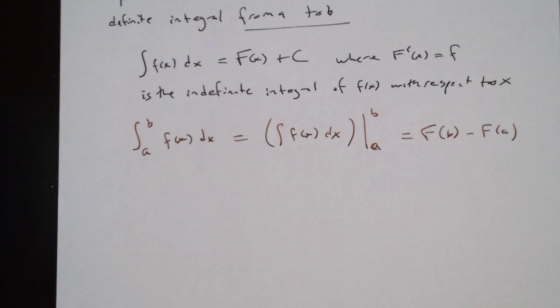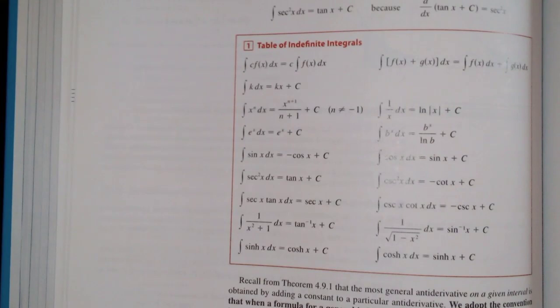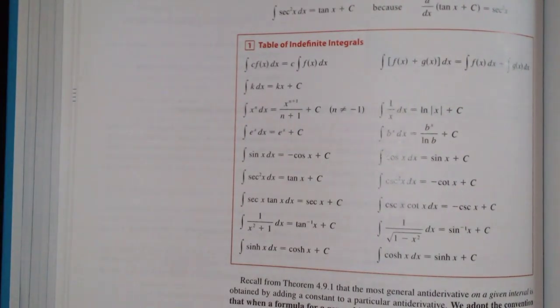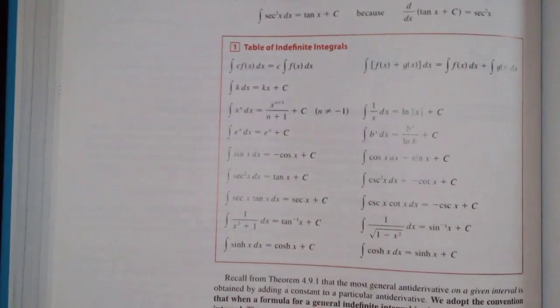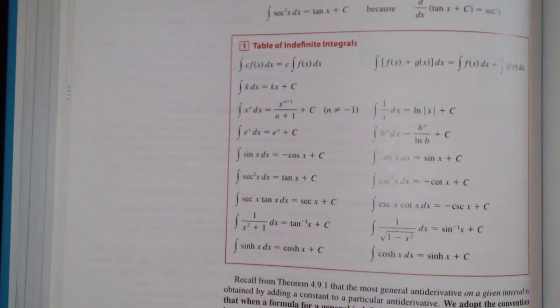On page 410, I got a table. And this table really combines almost everything we've done as derivatives, just backwards.